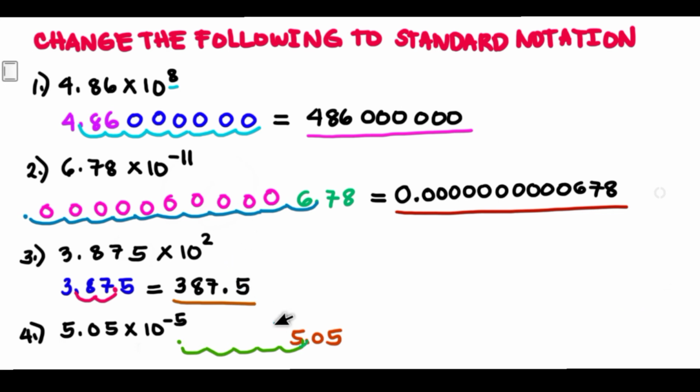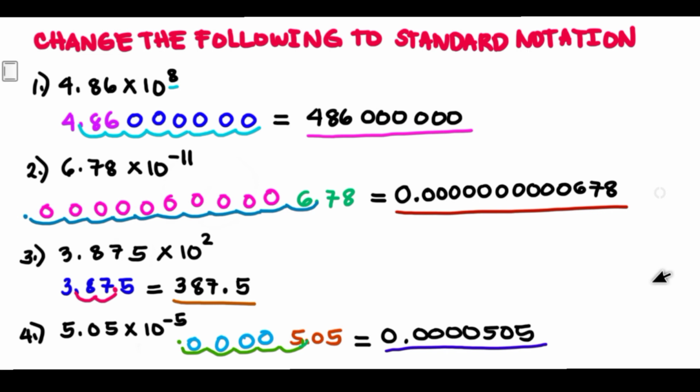Then let's fill in the zeros. So, 1, 2, 3, 4. Then, copyin na natin. Lagyan ko ulit ng 0 sa unahan ng decimal point. Then, ilang 0? 1, 2, 3, 4. Then, copyin natin yung 505. So, ito po yung final answer.